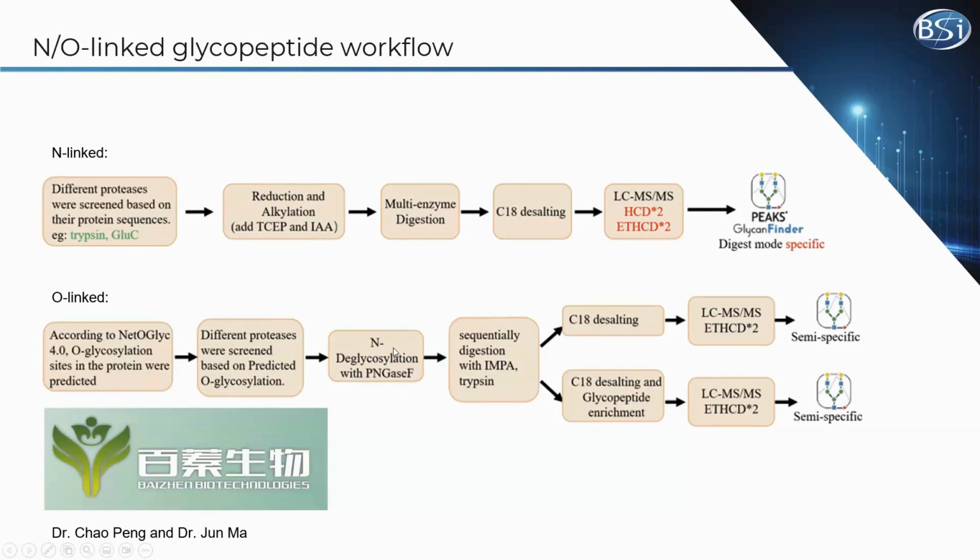We remove the N-linked glycans with PNGase F, and then we perform sequential digestion with IMPA, which is now known as O-glycoprotease, which cleaves right before mucin type O-linked glycans, and then a trypsin digestion following that. And with the O-linked workflow, we either do desalting and run the instrument, or do desalting followed by glycopeptide enrichment and combine all of this data.